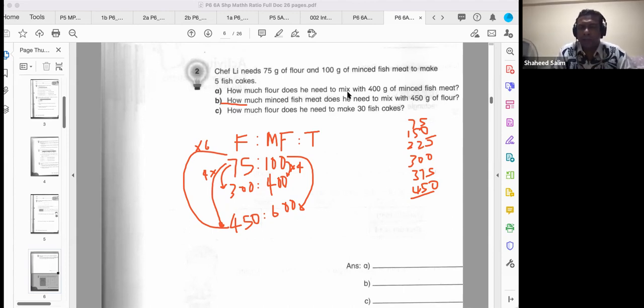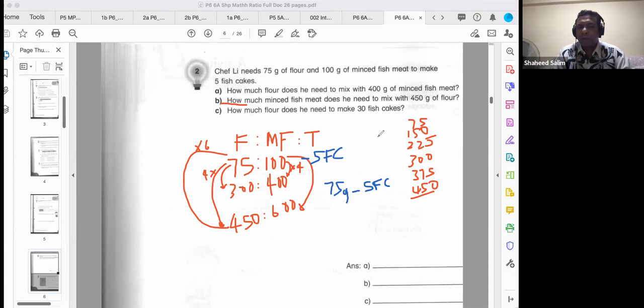How much flour does he need to make 30 fish cakes? Now they give you this, for how many fish cakes down here? Oh, this one is for 5 fish cakes. So for 5 fish cakes, you need 75 grams of flour. So you can put out this comparison: 75 grams, 5 fish cakes. Now how many do you want?